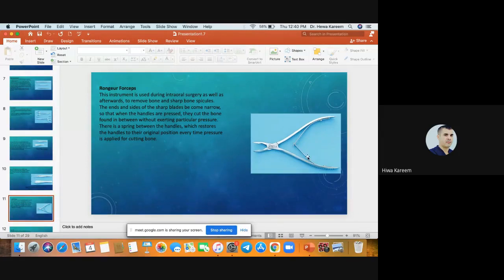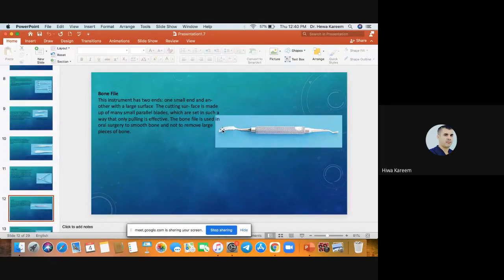This is the Rongeur for cutting the bone. It has a spring at the handle between them to make the instrument return to its original position when pressure is applied.